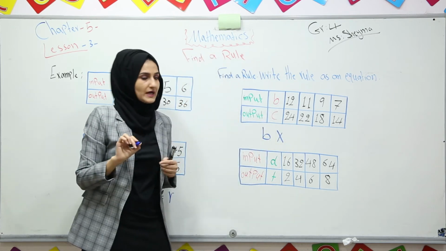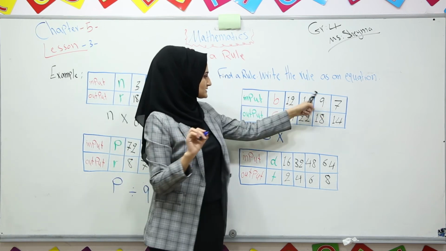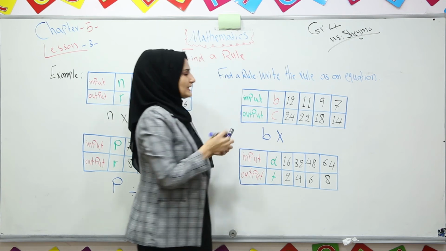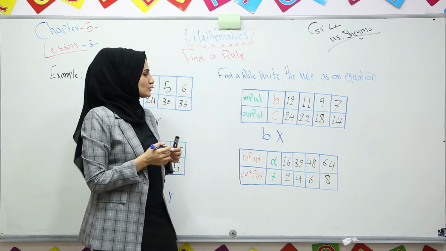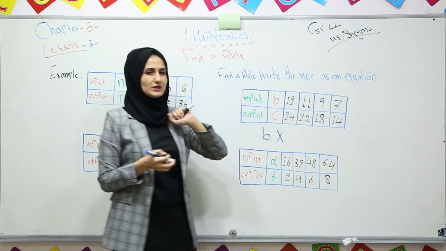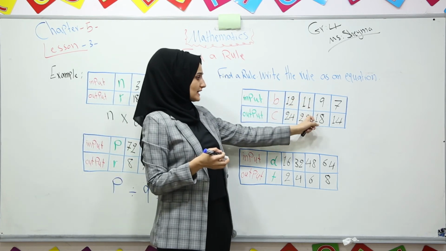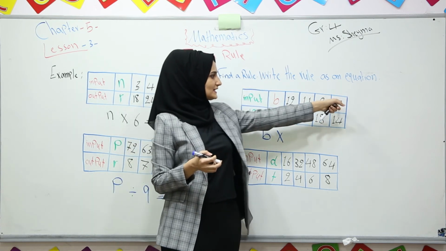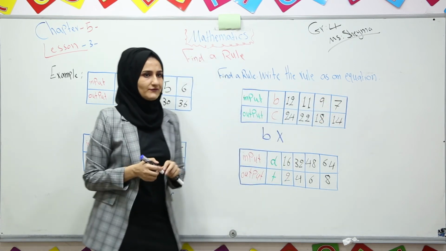We use multiply because our input numbers are less than output numbers. Times what? Let's think again together. 12 times which number is 24? 11 times which number is 22? 9 times which number is 18? 7 times which number is 14?